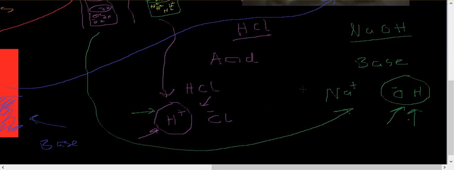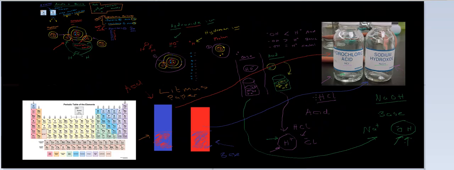And just a very common example, there are loads of different acids, and we'll talk about them in a bit more detail, but these are two very common examples of an acid and a base. On the left hand side you have HCl, which is known as hydrochloric acid. It's the acid in your stomach that your stomach uses to digest food.